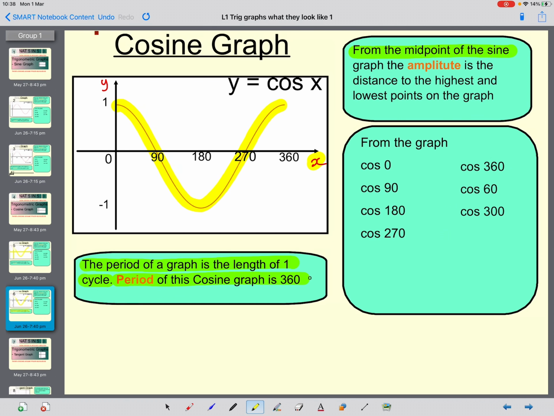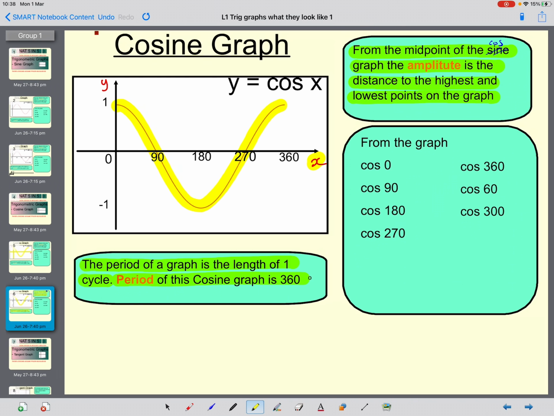Again, very similar to the sine graph. From the midpoint of the sine graph, the amplitude, I wrote sine there, which should be cos. From the midpoint of the cos graph, the amplitude is the distance to the highest and lowest points on the graph.